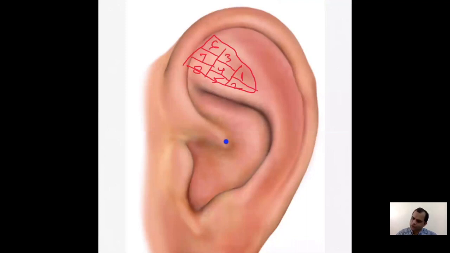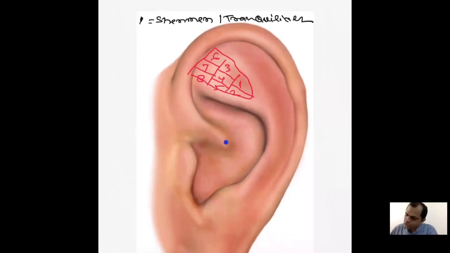Point number 1 is Shanman, or the point of tranquilizer. Point number 2, hip joint. So these 2 points are coming in the upper part.